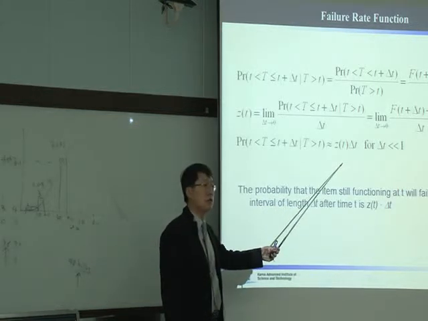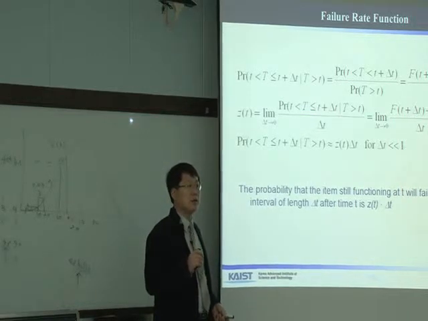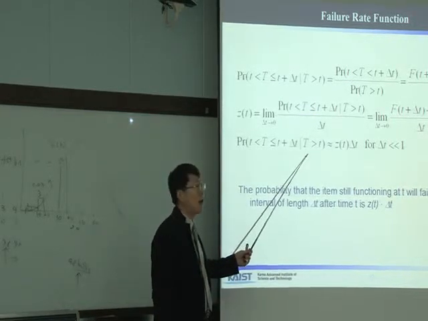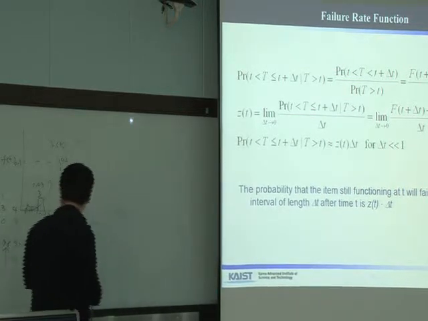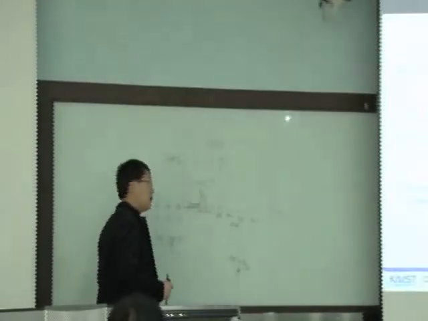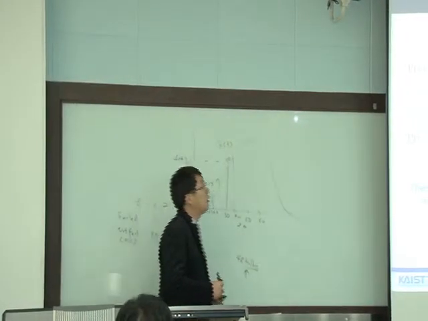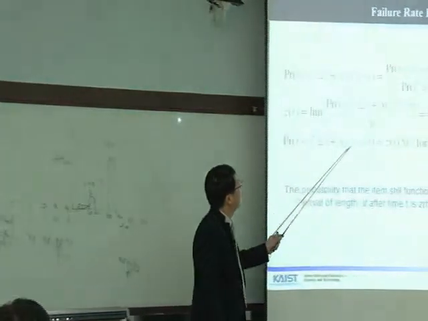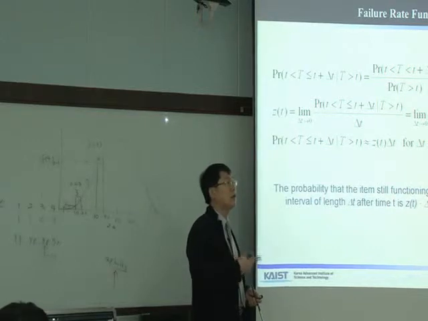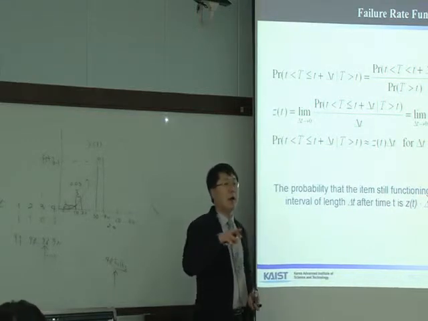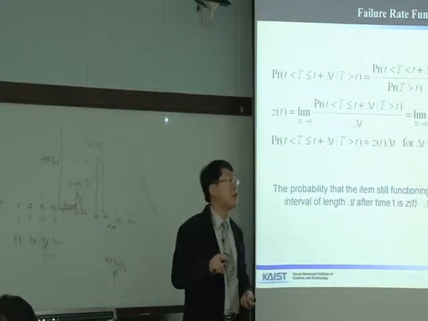In this equation, we only consider the surviving items. They survived certain items, so our sample is not 100. Our sample is 98. Then g(t) is a kind of reduction rate of the sample.